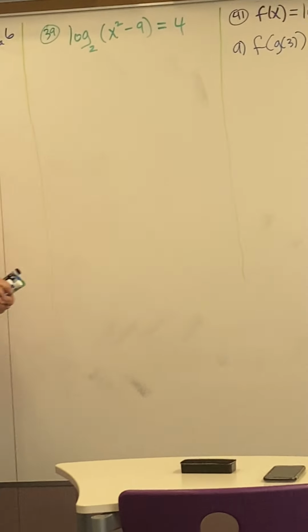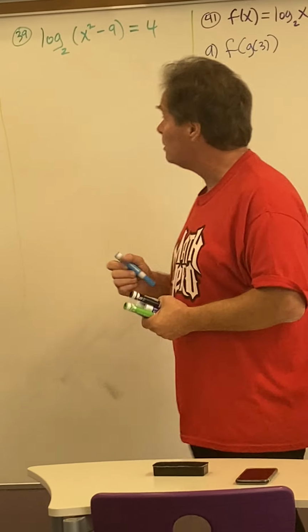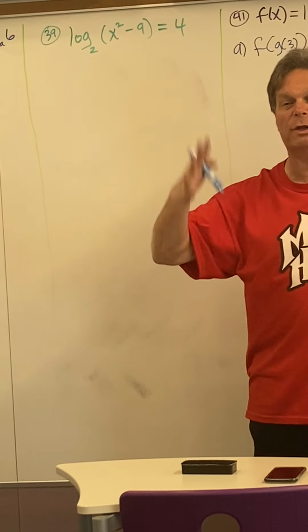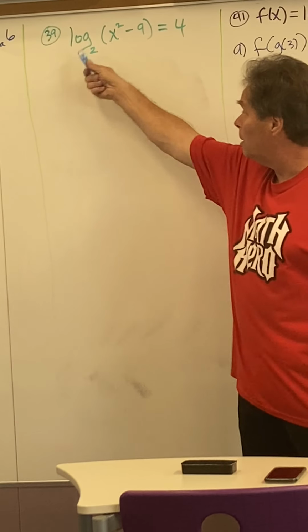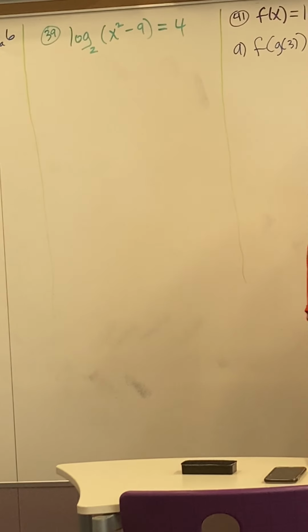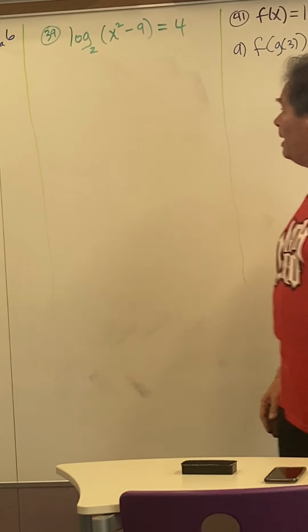Now over here, this is the kind that has a log only on one side. Log here, not over here. What should I do? I'm not too sure. Oh, I don't have it up there. Never mind.